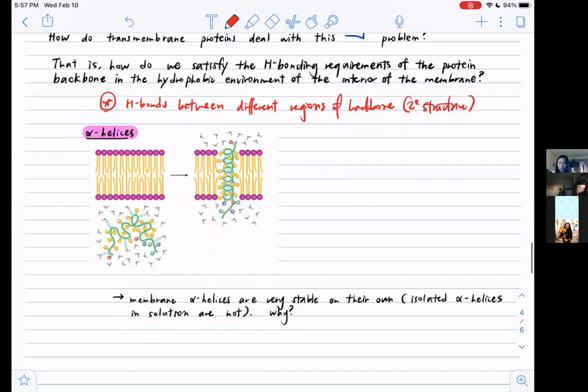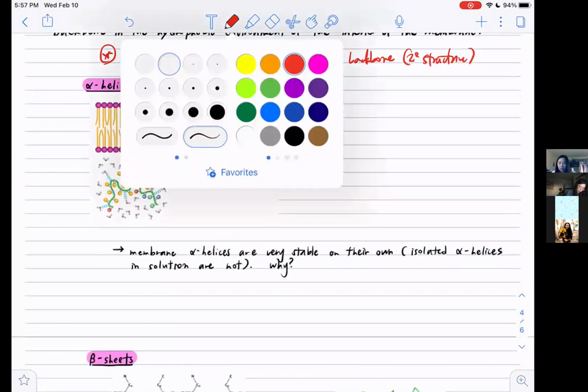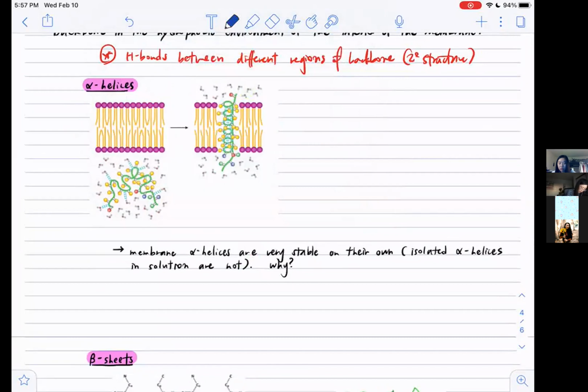And so the two kinds of secondary structure we talk the most about are alpha helices and beta sheets. And so here is a transmembrane alpha helix. You can notice that these yellow residues, which depict hydrophobic residues, are in the membrane spanning region. And this hydrophobic region is about 30 angstrom.